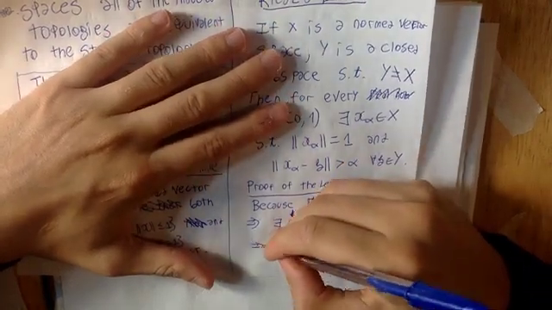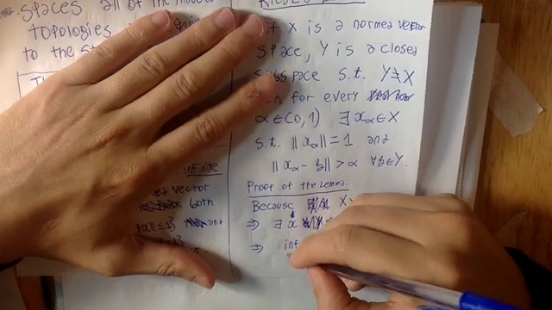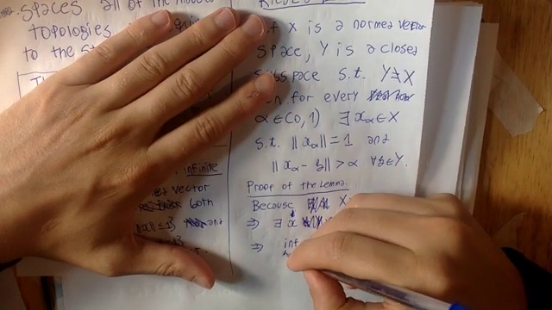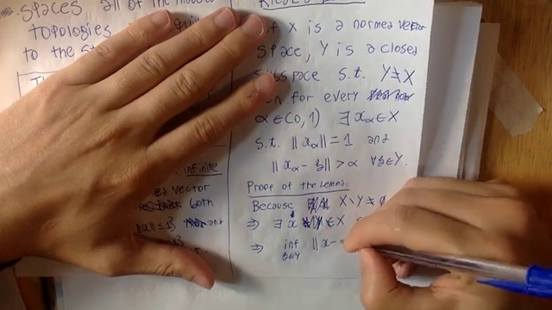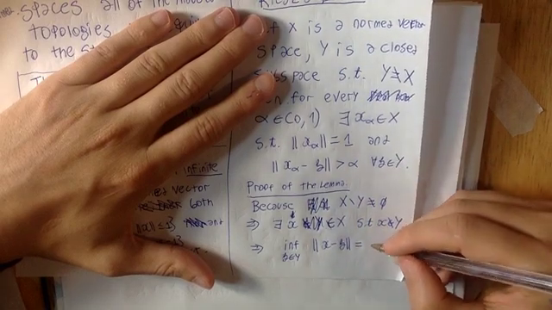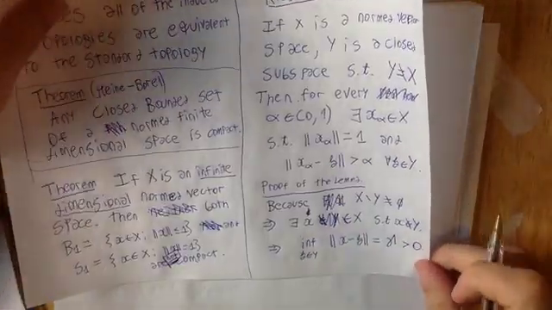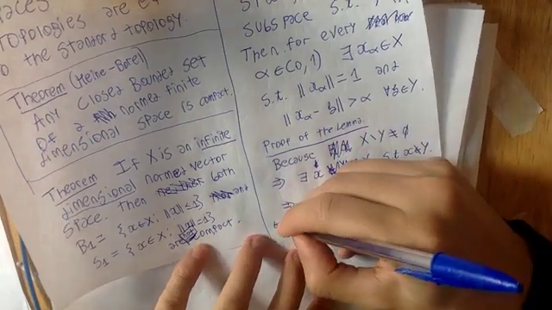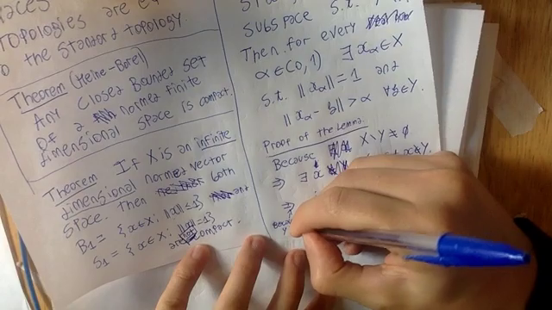So this implies that the infimum over y in y of the norm of x minus y is equal to, let's call it a parameter gamma, which is bigger than 0. Okay, so this implication is because y is closed.